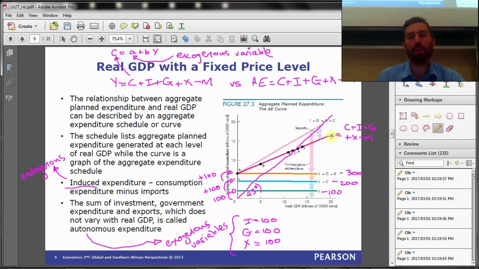The slope of this function is less than 1 because it's determined by the propensity to consume. It will only intersect a 45-degree line. In other words, aggregate expenditure will only equal output or income at one point on that line. Only at one point will the amount that we produce correspond to the amount that we are actually prepared to consume if prices are fixed.